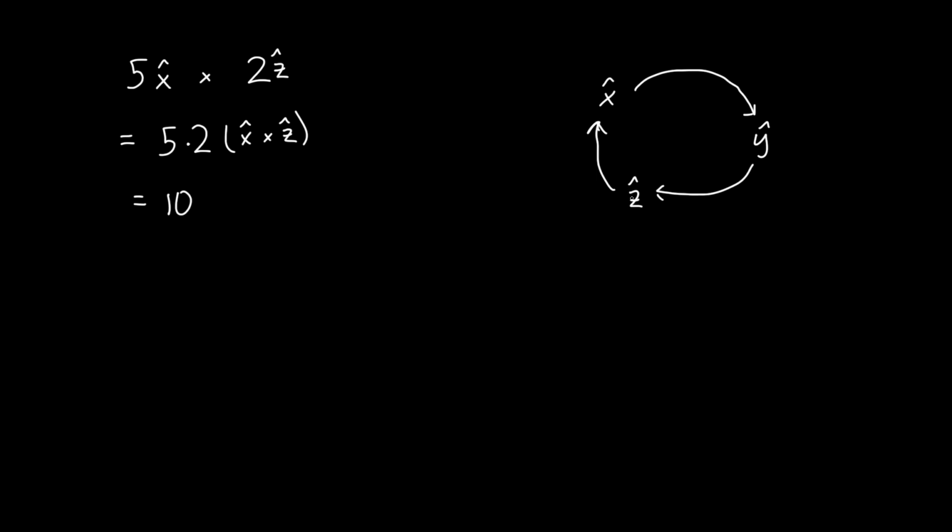So x cross z is equal to negative y hat. So 10 times negative y hat, or negative 10 y hat. And this is indeed what you get when you cross these two vectors.